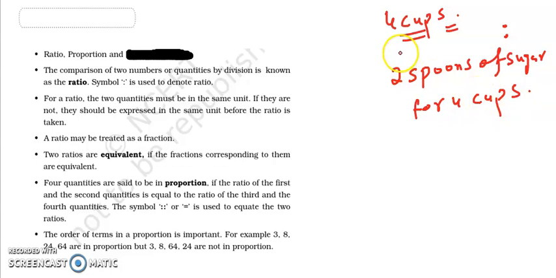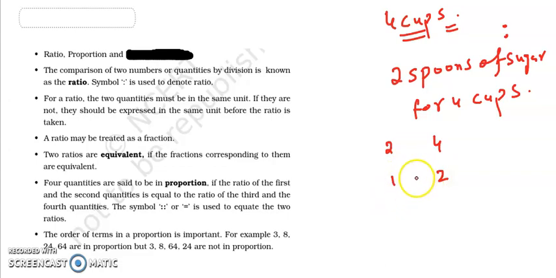Meaning to make the 4 cups of juice, you are using 2 spoons of sugar. So I can say there are 4 cups of juice that we want to make, and we are using 2 sugar spoons. If I use 1 spoon of sugar, then it means I can make 2 cups of juice. So it is giving a ratio that for every 2 cups of juice we can use 1 spoon of sugar.